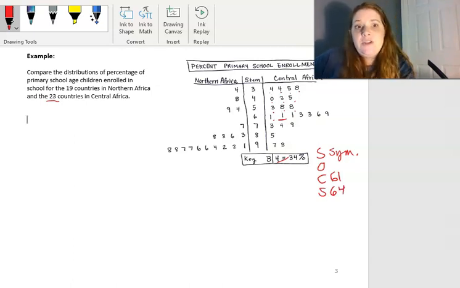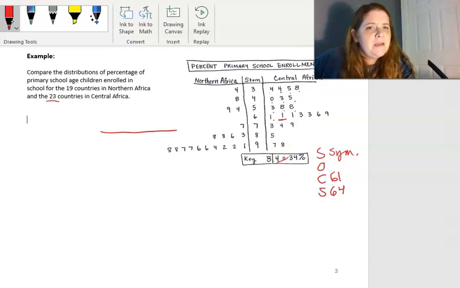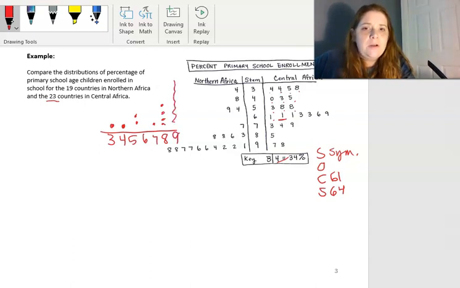Now on the other side, the shape is a little bit more difficult to see. So I'm actually going to, this feels maybe skewed to the right, but when you look at the numbers, here's 3, you've got 1 value in the 3 stem, here's 4, there's the 8, here's 5, there's 2 of those, 6 had nothing, 7, there was 1, 8, there were 4 values in the 8 stem, and in the 9 stem, there was just like a whole bunch right here, okay?